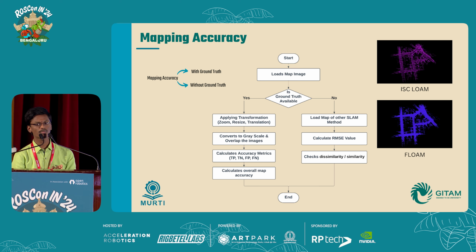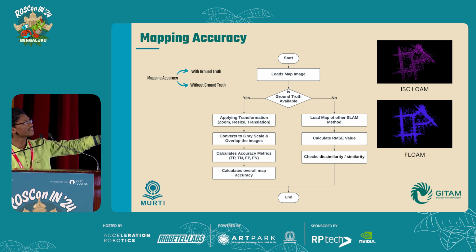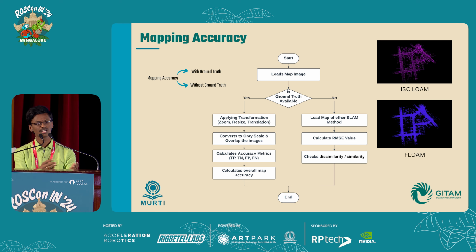So for that, we need some metrics to calculate how accurate the map is. So we came up with an idea, again with the topic called map: we created a Python script to save the 3D map as a PCD file, and those are the two PCD files of the same bag file. We took those PCD files and overlaid them, and based on the RMSE values, we checked how similar those maps are for the same environment.